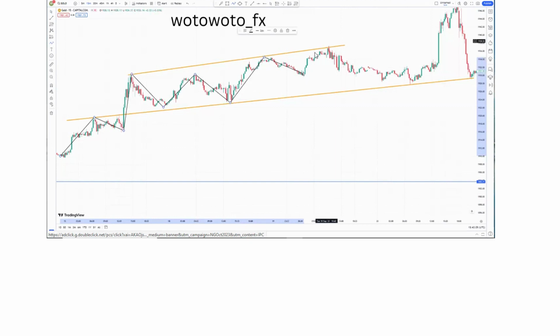Then after tapping here, you get to see price coming back to this support level, then buying.